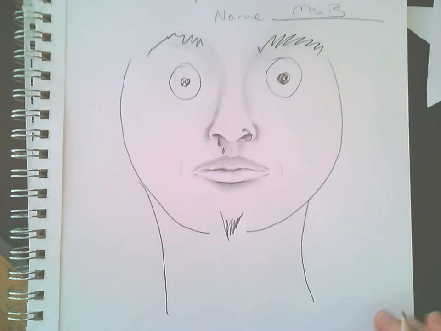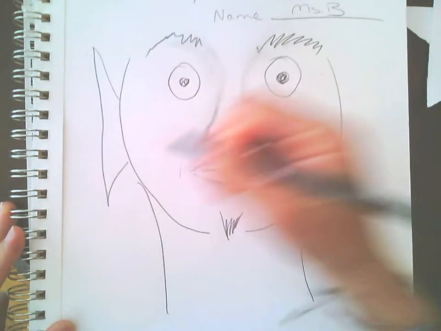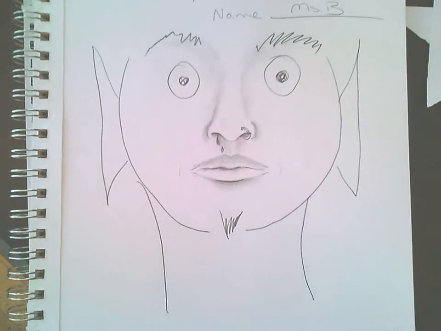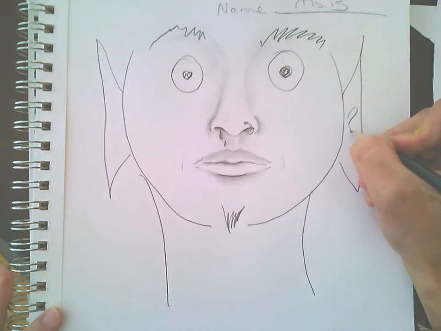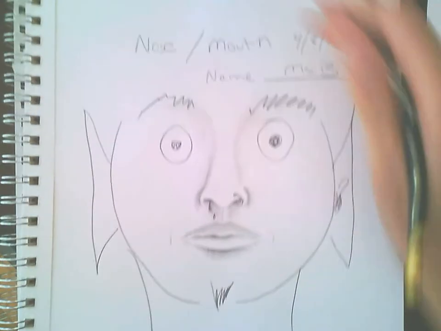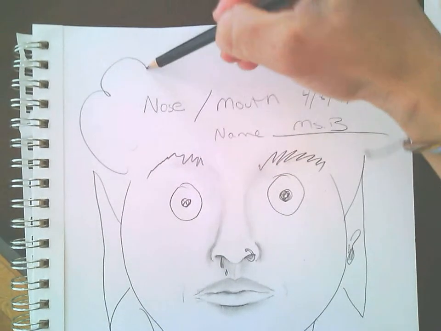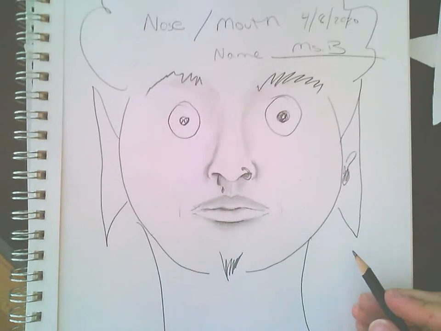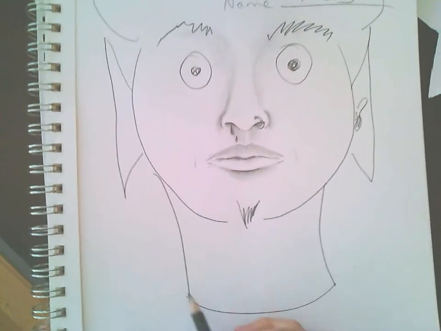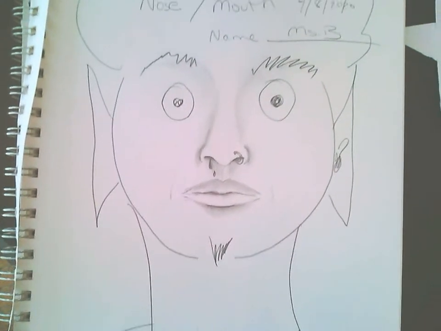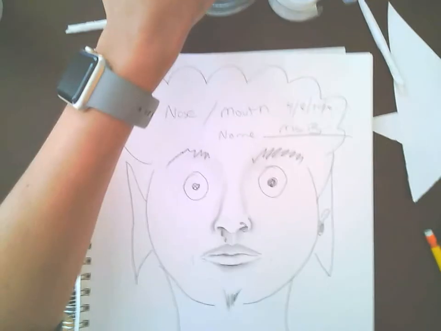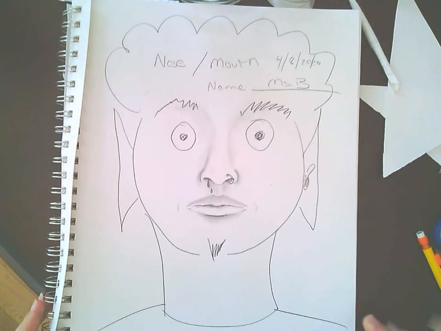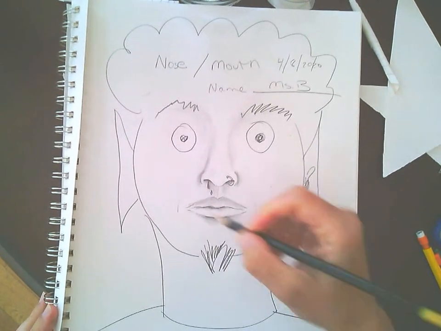Eva, what else should I put on it? Oh, we need some ears, some elf ears. What else should I put on it? Hair. Okay, and we need some hair. Okay, so there you go. Enjoy. He needs a shirt. I hope you enjoy drawing. It's pretty awesome, right?